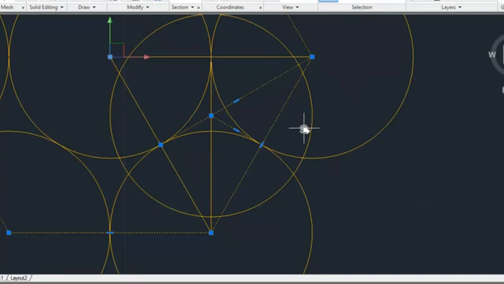And also the length of this leg is half of A. Okay? So let's go over now and do a little bit of math.